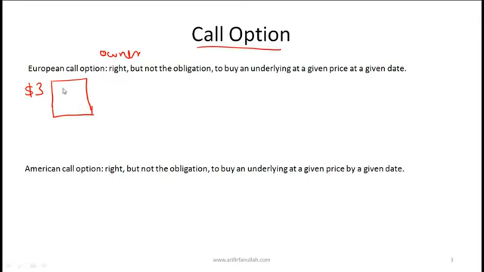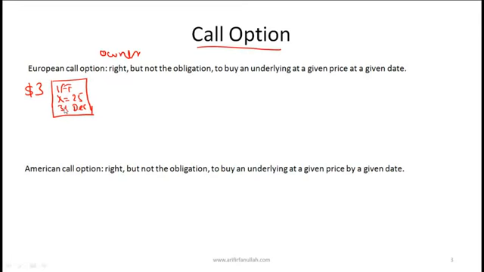It says that based on this contract, you have the right to buy shares of IFT at a strike price of $25 on 31st December 2011. Now there will be several other pieces of information, but this is the core information.